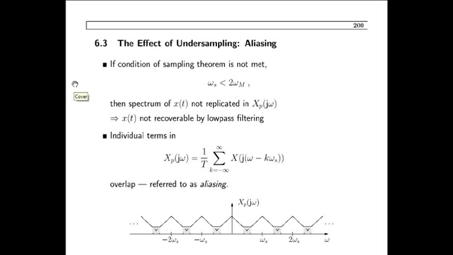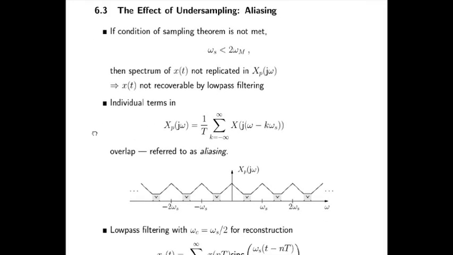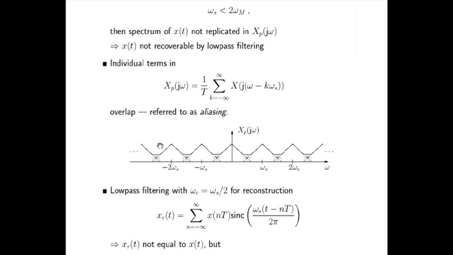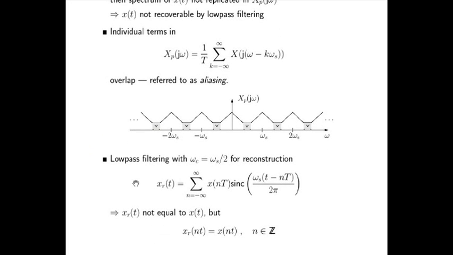Now let's see it with the individual terms. Our sampled signal in the frequency domain is like this, and the overlap in the curve where omega s is less than 2 omega m will look like this, and this overlap is referred to as aliasing. If I take a low pass filter with cutoff frequency omega c equal to omega s by 2 for reconstruction, the reconstructed signal will look like this.